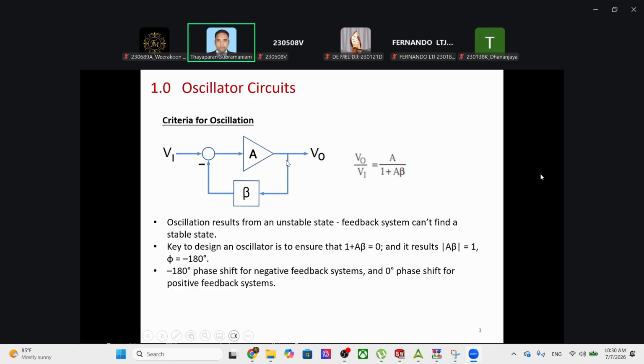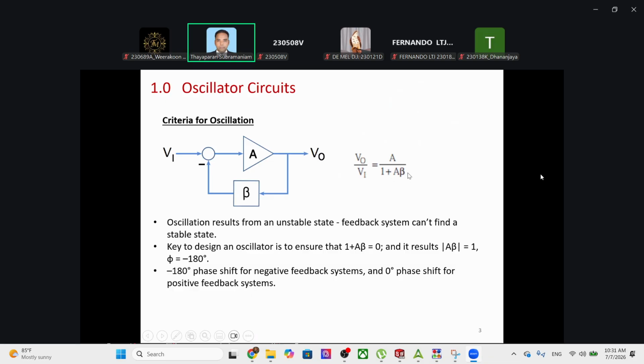We can derive the positive feedback response from the negative feedback system by substituting beta equal to minus beta, so that minus into minus becomes plus, right?